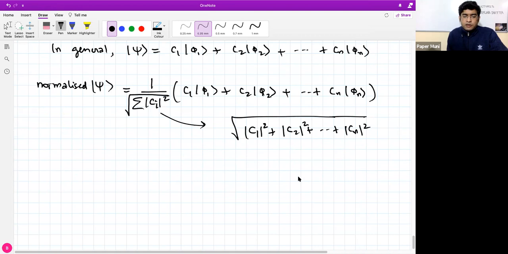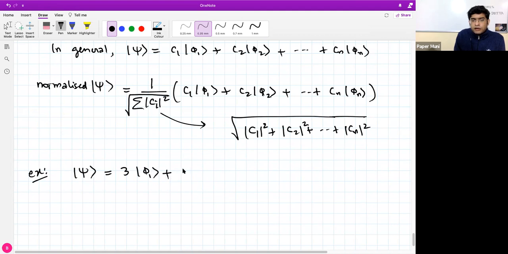Now if I give you this question: for example, psi is given to be 3 phi 1 + 4i phi 2, where the phi's are orthonormal, delta ij.